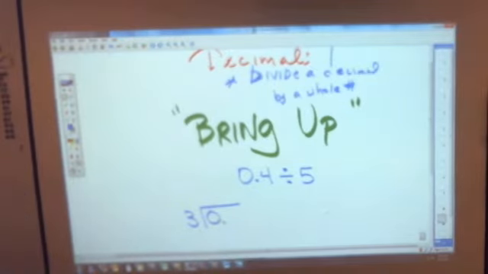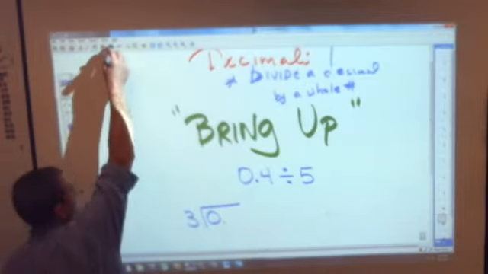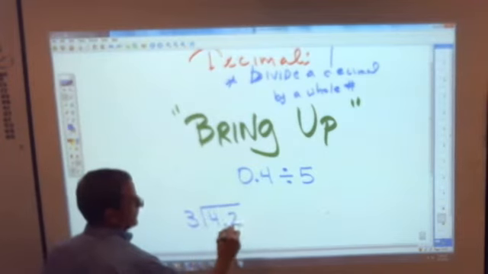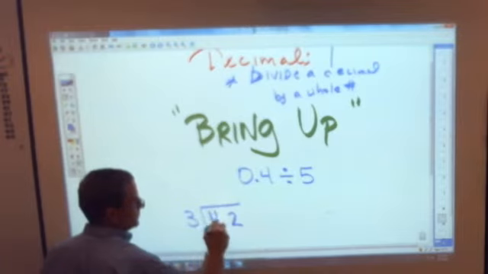Let me start with a different problem. 3 into 4.2. We gotta work our way into the tough problems. 3 into 4.2. Okay. The rules of division do not change.